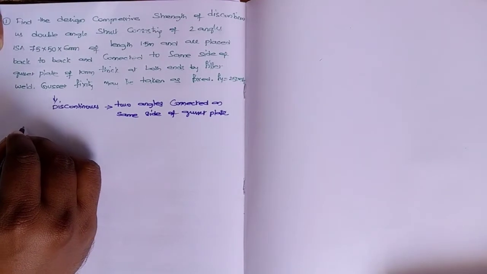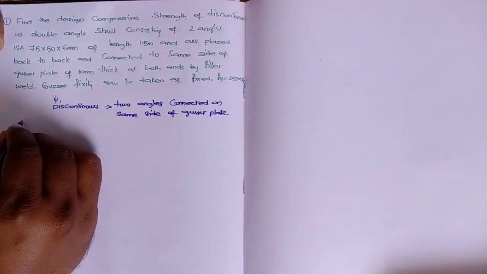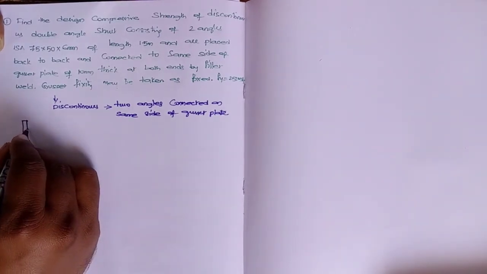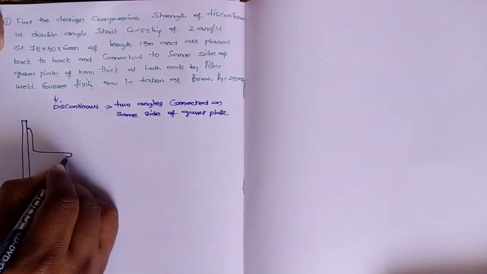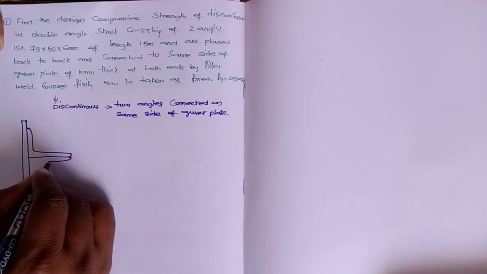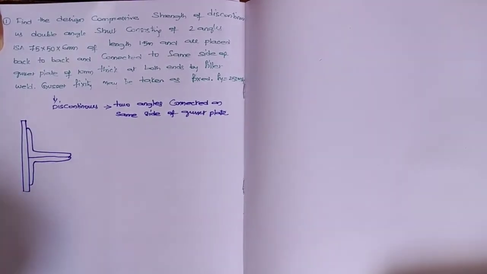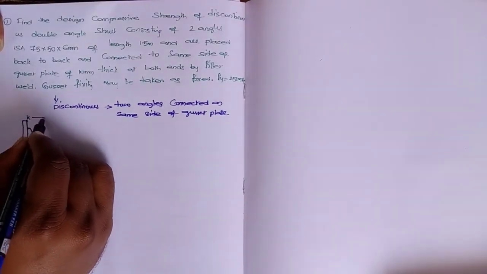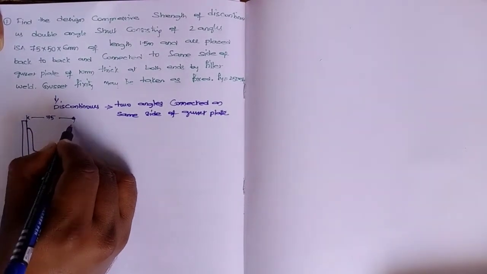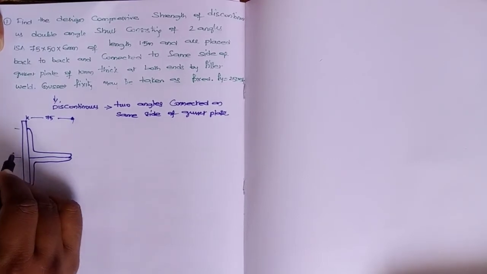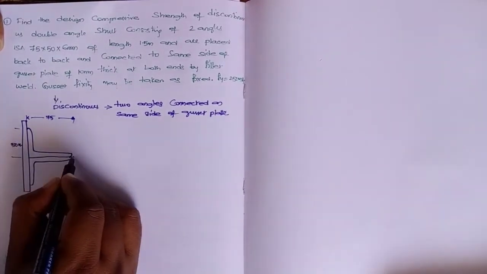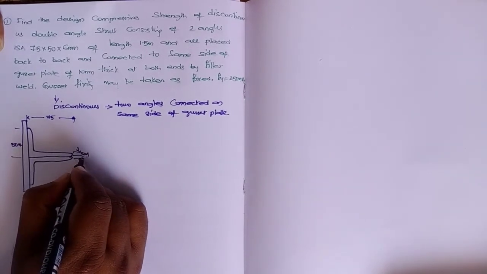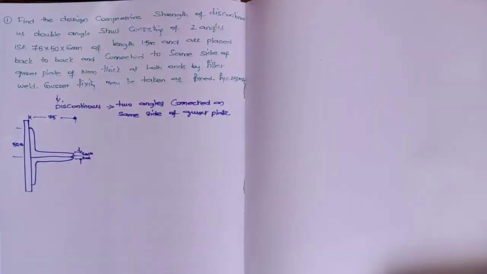Means gusset plate is of 10 mm thick, to that this is 75 and this is 50 and each thickness is 6 mm. This is the position.